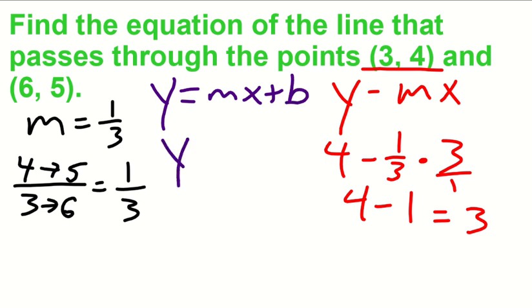So the y stays the y when we write the equation. Slope goes in front of the x. It's the coefficient. And the y-intercept is added on. Okay? So once you calculate each one of those, you just plug it in that way. Slope in front of the x, adding on. Any questions on this one?